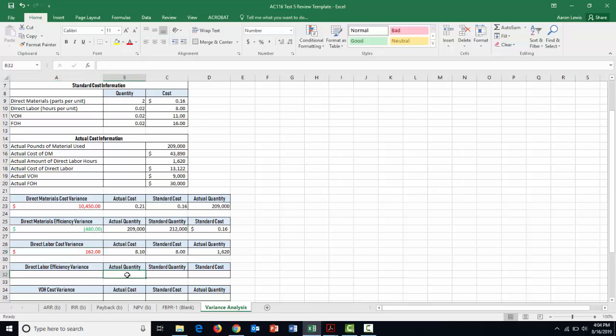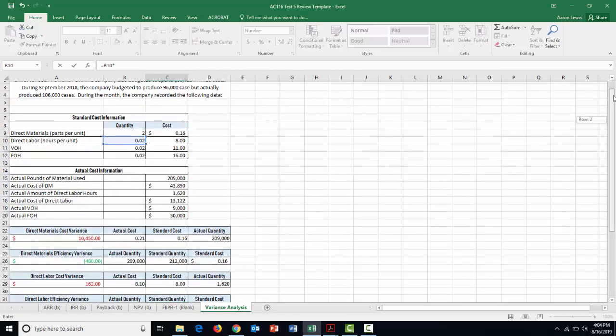For efficiency variance, we're going to go down to our actual quantity of labor used, and our actual quantity of labor used was 1,620, and we fill that in. For standard quantity, we're going to find it out by taking how many hours we planned for it to take to make each unit, and we're going to multiply it by the number of units we actually made.